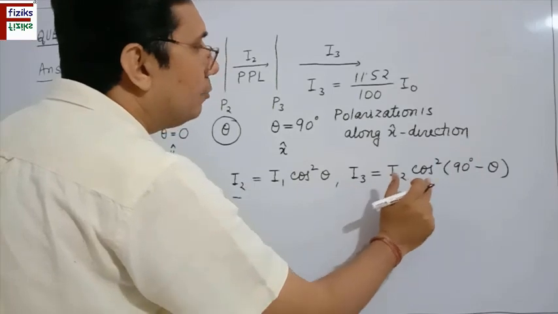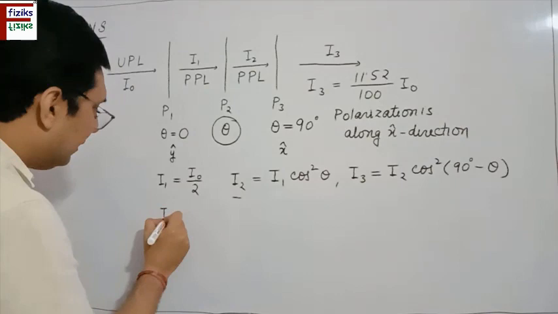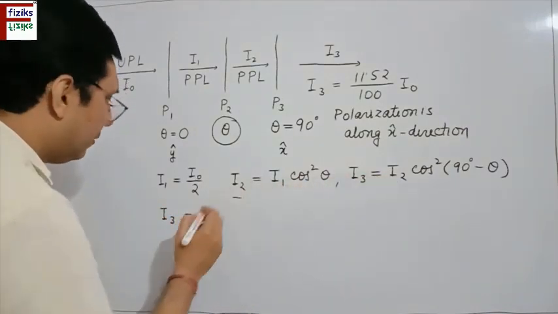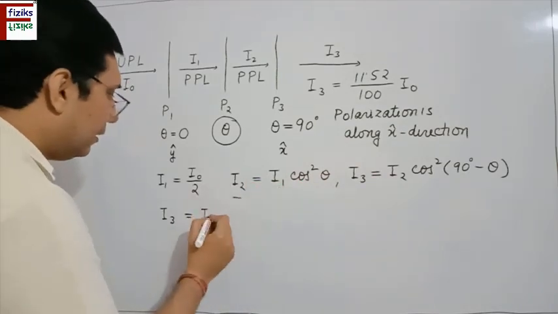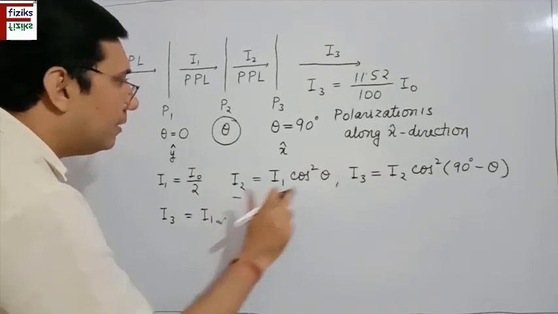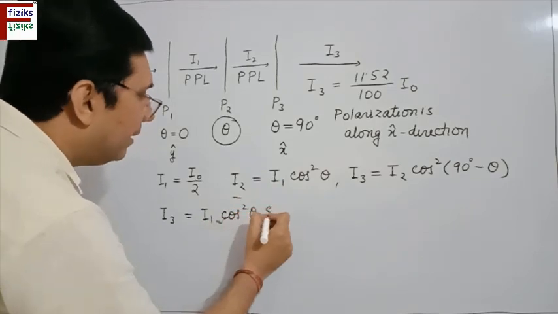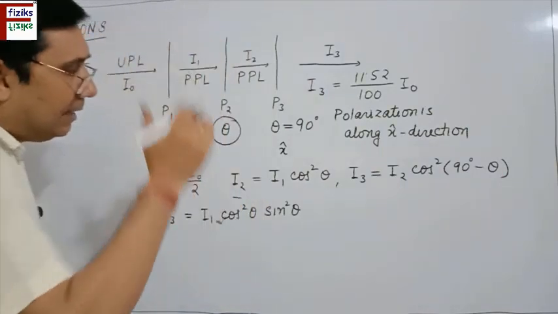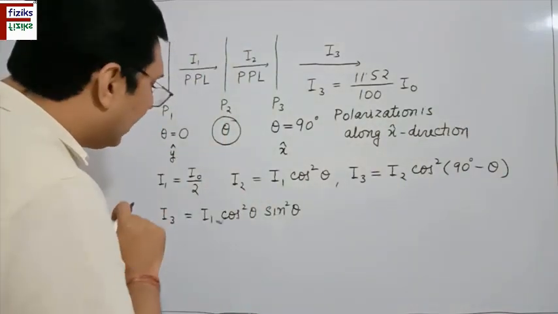This will be I2 sin square theta. So I substitute I2 equal to I1 cos square theta, multiplied by sin square theta, because cos of 90 minus theta is sin theta. So I3 will be I1 cos square theta into sin square theta.